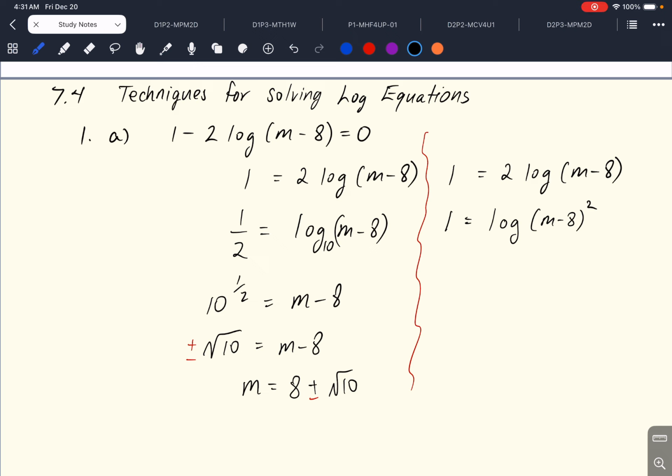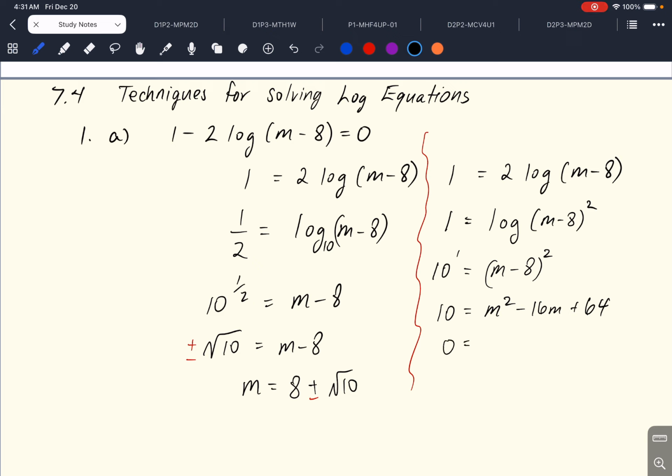Now if I write this in exponential form, this says 10 to the power of 1 equals m minus 8 squared. If I expand m minus 8 squared, I'll have 10 on the left side, and m squared minus 16m plus 64. A quadratic. When you're solving a quadratic, you can get two solutions.